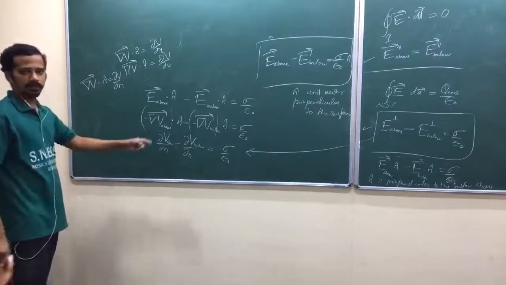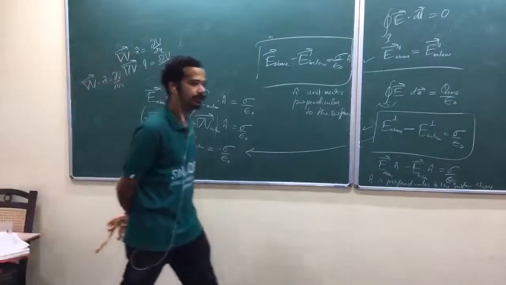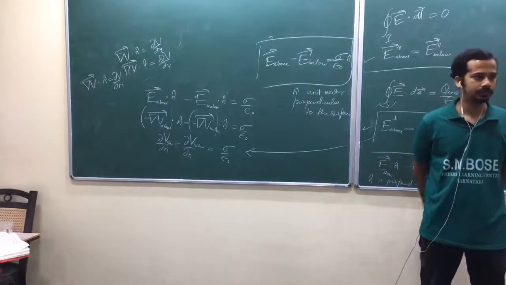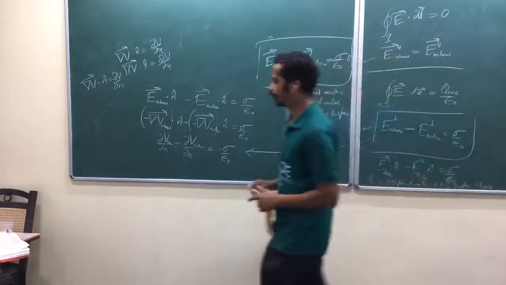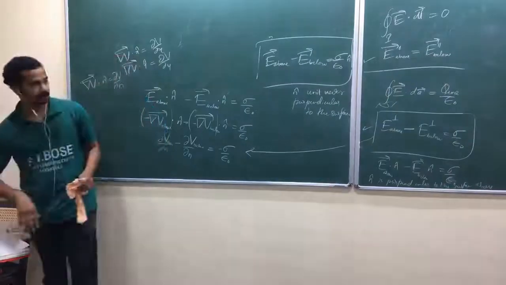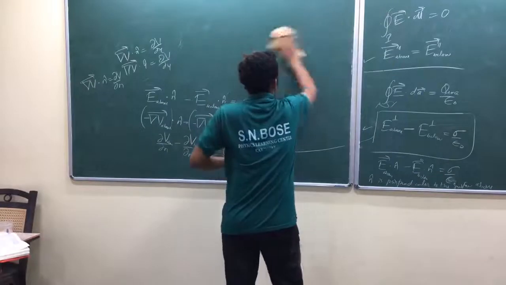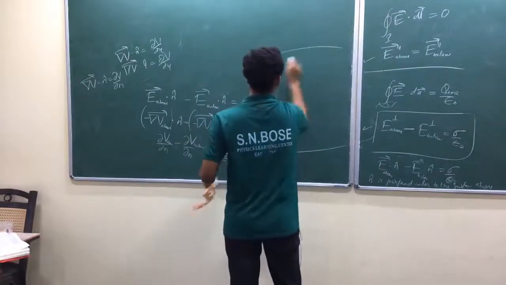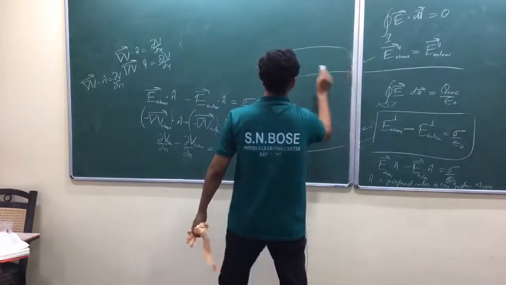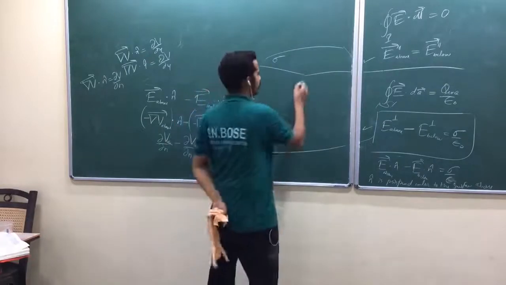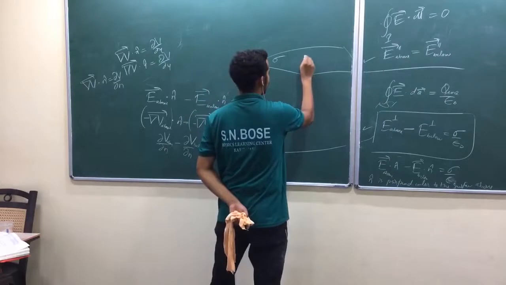We talked about how the derivative of the potential suffers discontinuity, not the potential. Am I right? So now we shall see how the potential varies when you go via surface charge sigma. Then what you have to take? You have to take the potential above and below.